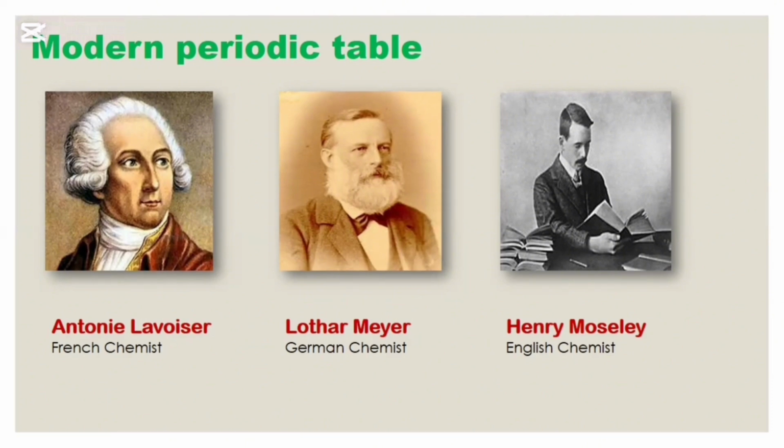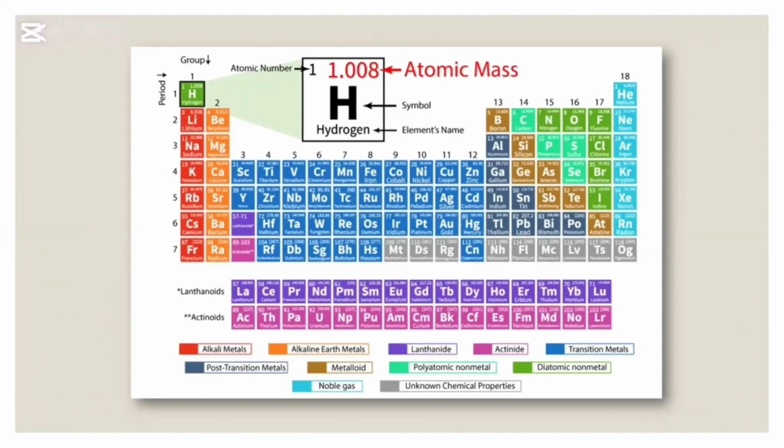This periodic table evolved into what it is now. So now we call it the modern periodic table. Now let's talk more about this modern periodic table. In it, the elements are arranged horizontally in order of increasing atomic number.